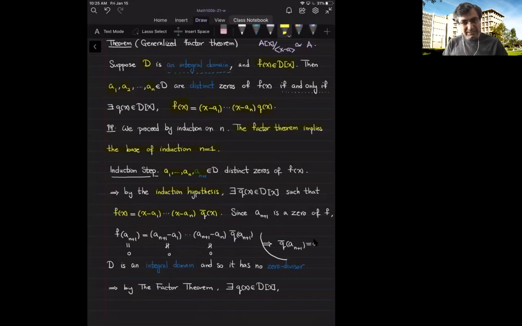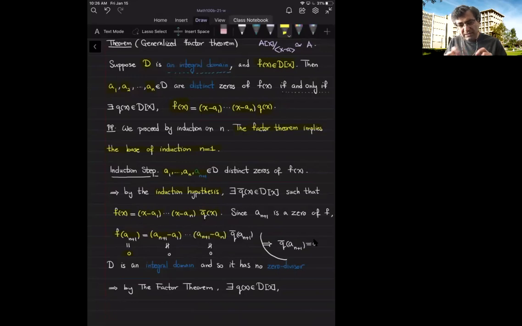Because a sub n plus 1 is a zero of f, the left-hand side is definitely 0. Now, when I evaluate the right-hand side, I get the product of these factors, a sub n plus 1 minus a1, a sub n plus 1 minus a2, and so on.